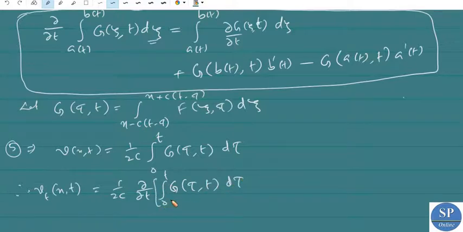So applying this Leibniz rule, we have g of b of t comma t into b dash t, that is, we are applying the upper limits for tau and derivatives.